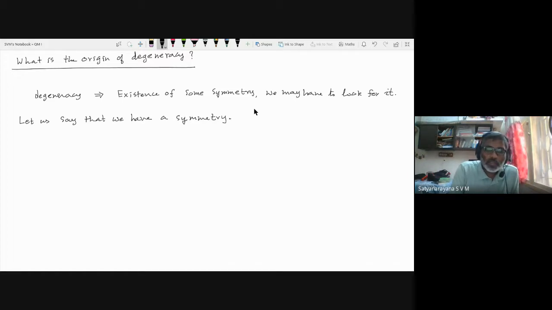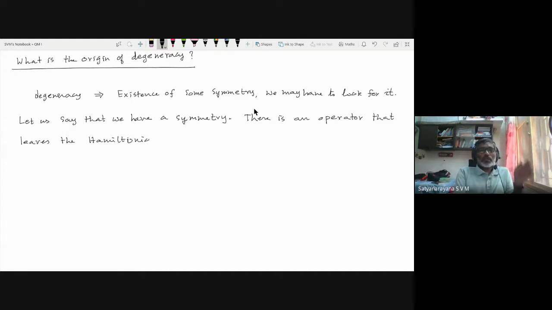That means there exists an operator that leaves the Hamiltonian invariant. Then we say that the system possesses that symmetry.